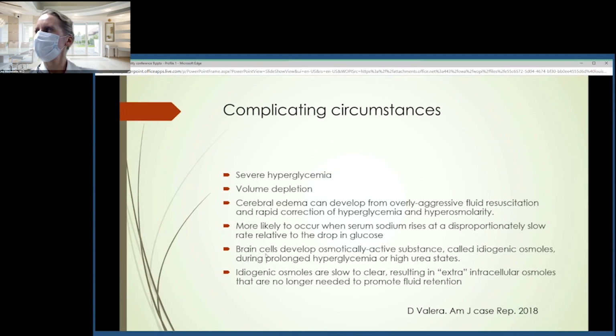In general, when urea is high or glucose is high or sodium is high for a long time, and osmotic pressure is high intravascularly, the brain develops idiogenic osmoles inside the cells to avoid water shifts. But they don't get removed with dialysis, so they stay there and, I guess, pull water into the cells.